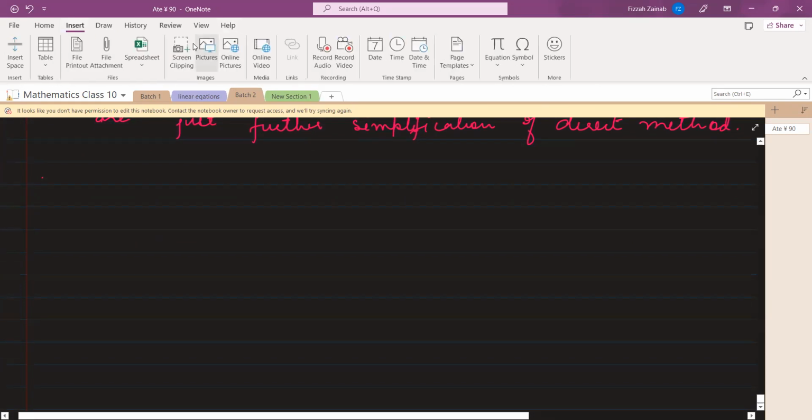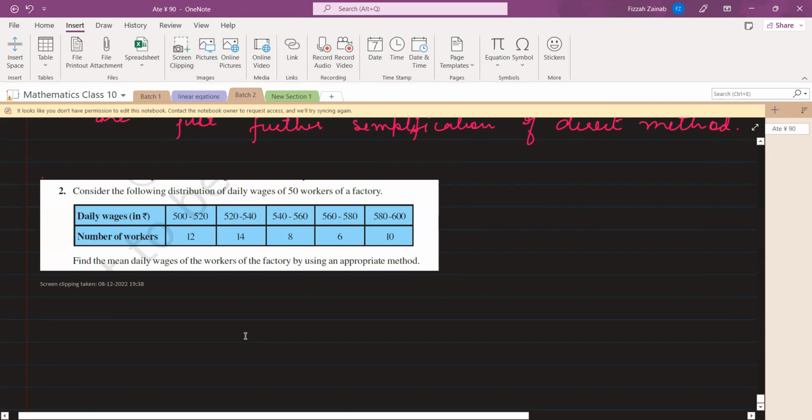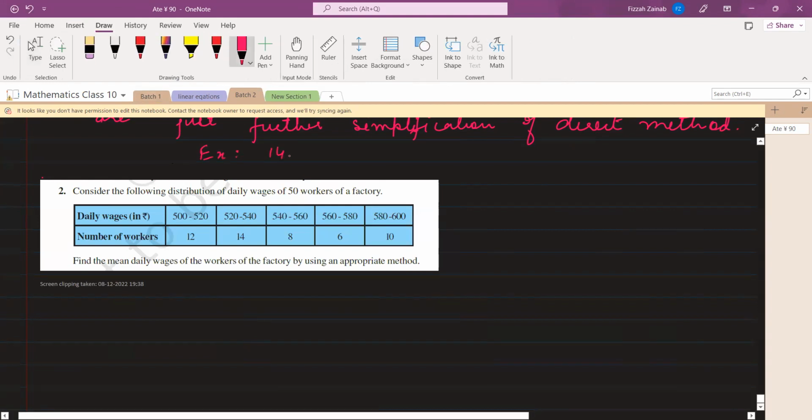First question I already discussed. Let's do the second question of exercise 14.1. Consider the following distribution of daily wages of 50 workers.